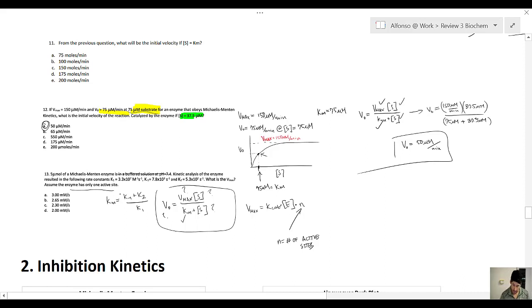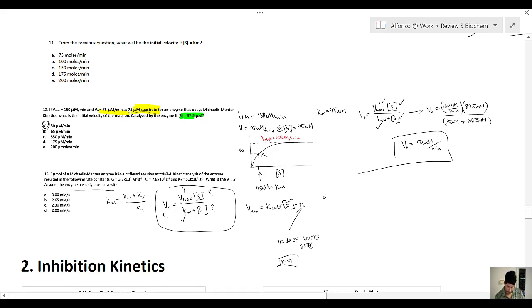Okay, so N is the number of active sites, and for this one, we can assume that the enzyme only has one active site. So therefore, N is equal to 1 for this problem. We know the amount of enzyme that we have, which is 5 micromole, but we're not given a volume.